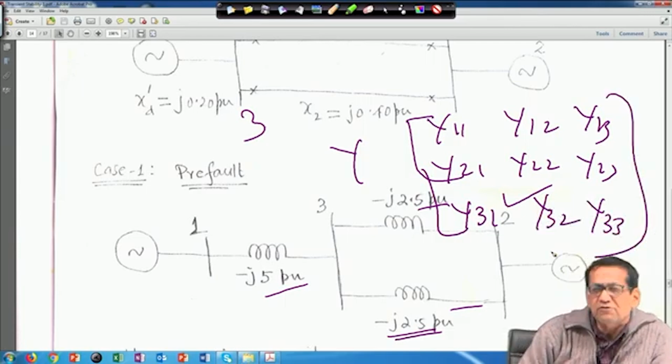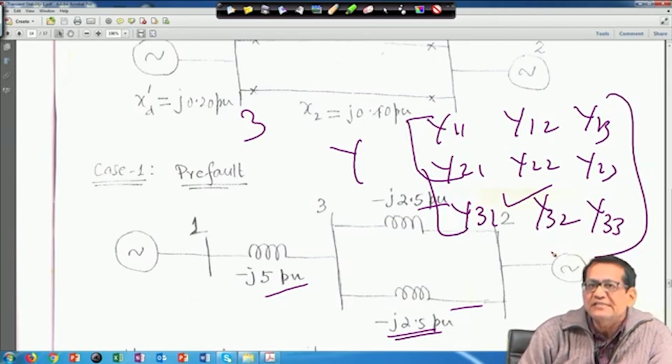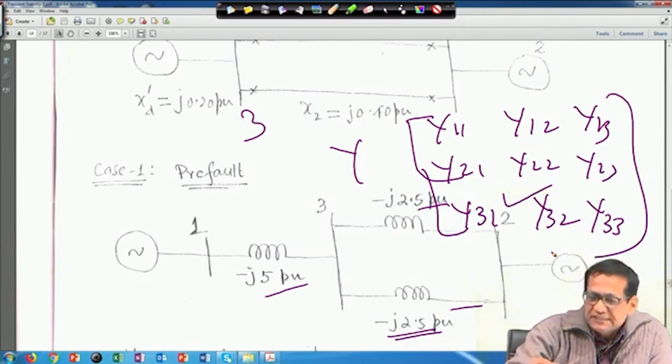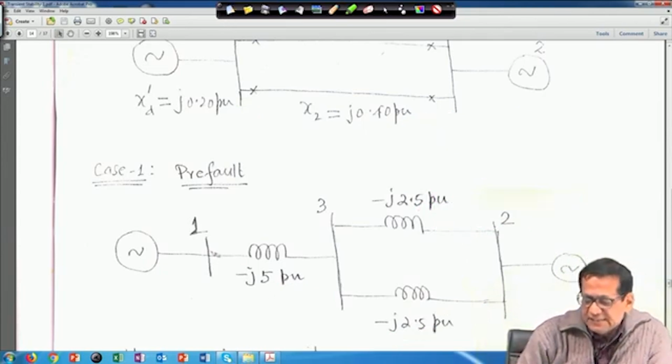This you have studied from the load flow studies, so same thing is here. First you find out small y, and for off-diagonal we will take minus of the small y. Suppose you are trying to find out all these small y values, y11, then y13, all sorts of things.